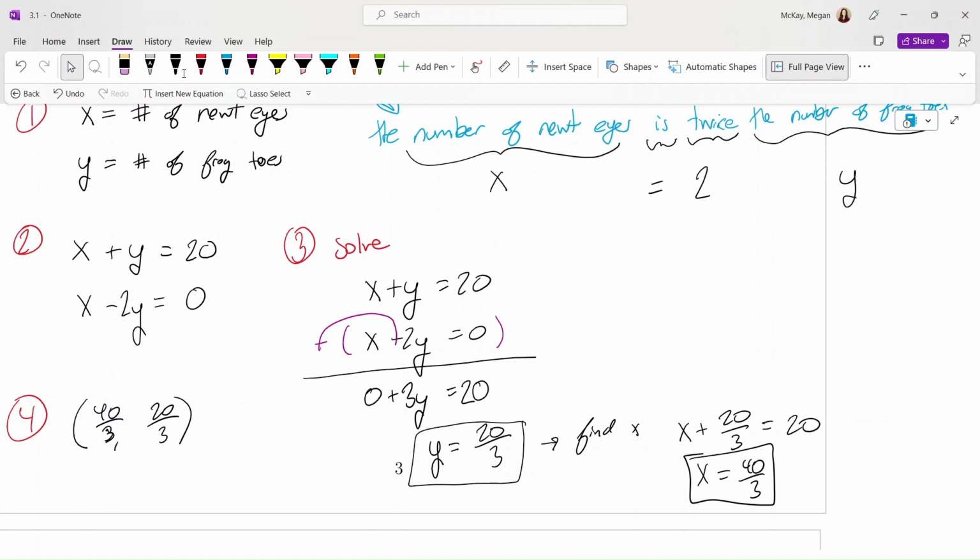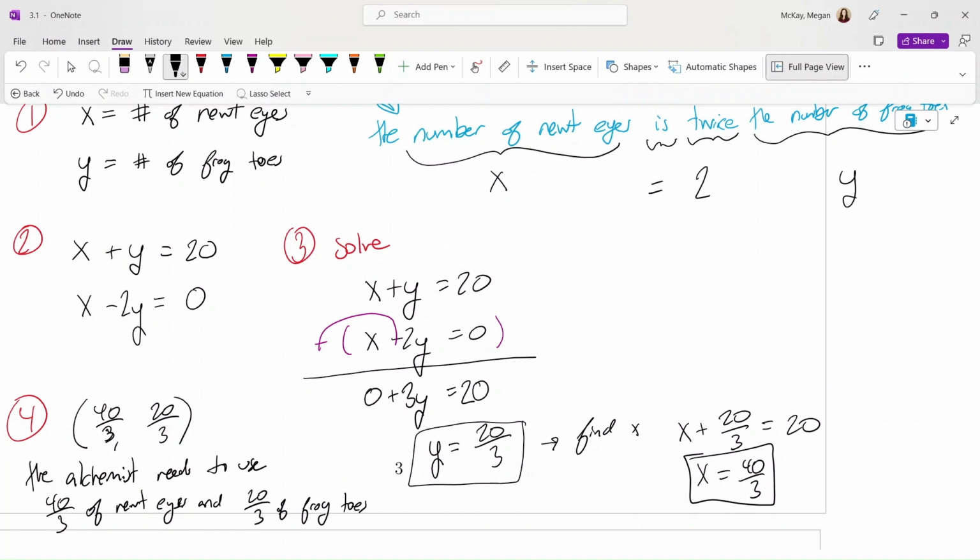And again, remember that if we're rewriting our problem statement and solution, the alchemist needs to use 40/3 of x, which was number of newt eyes, and 20/3 of frog toes, that was y.